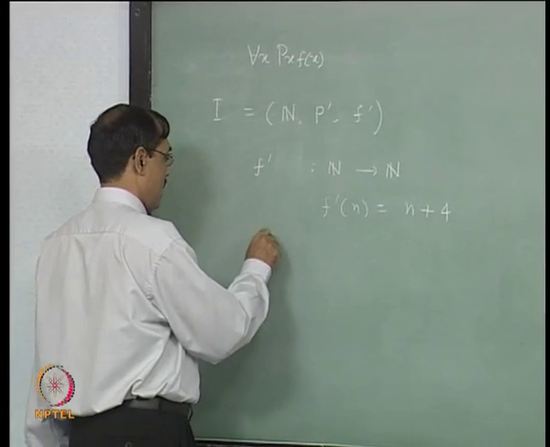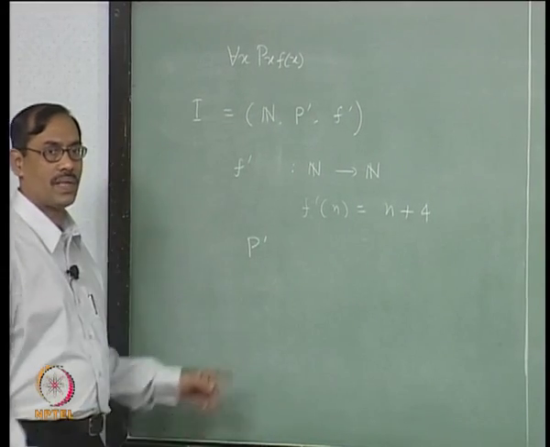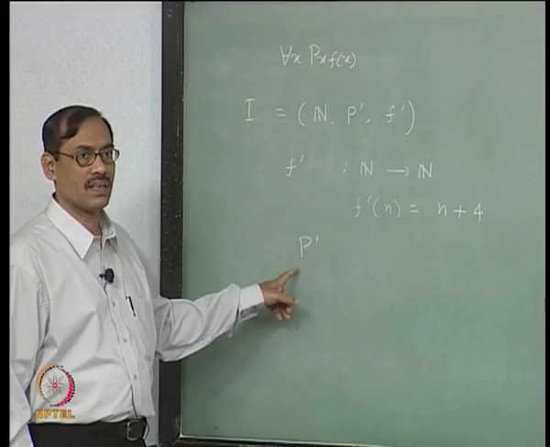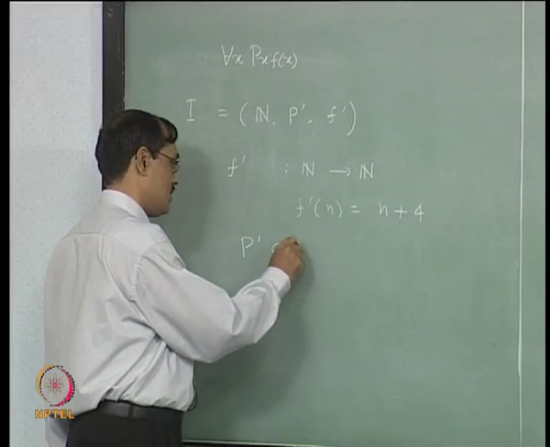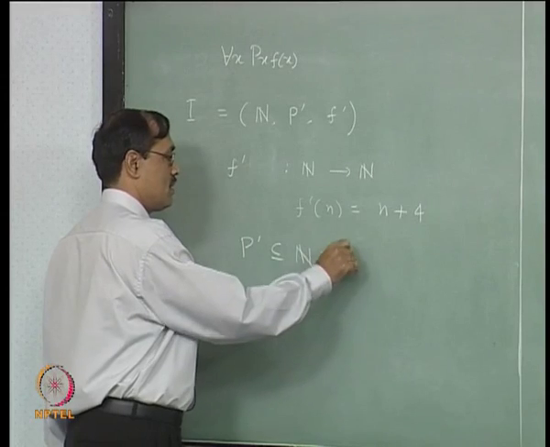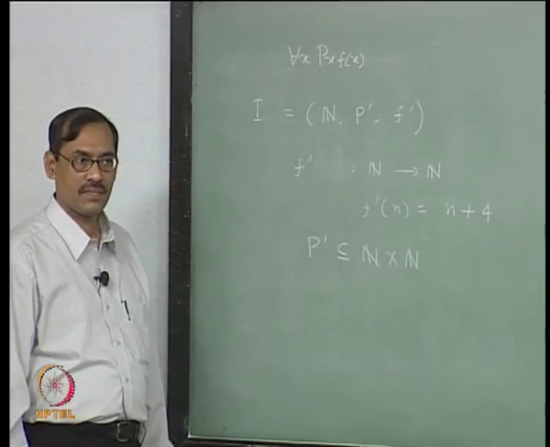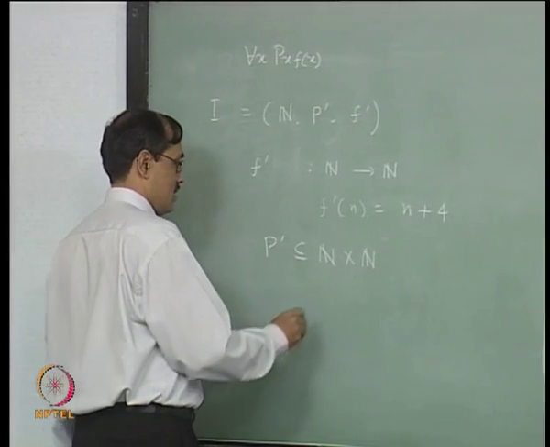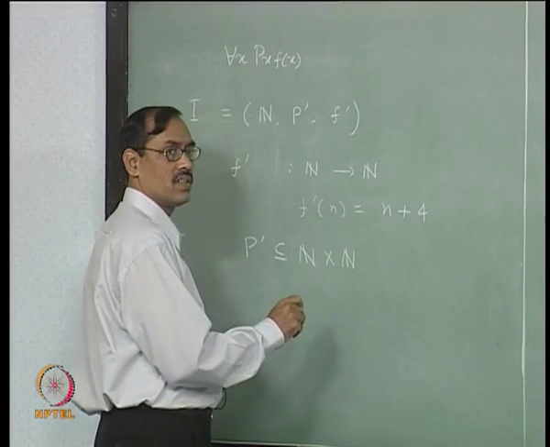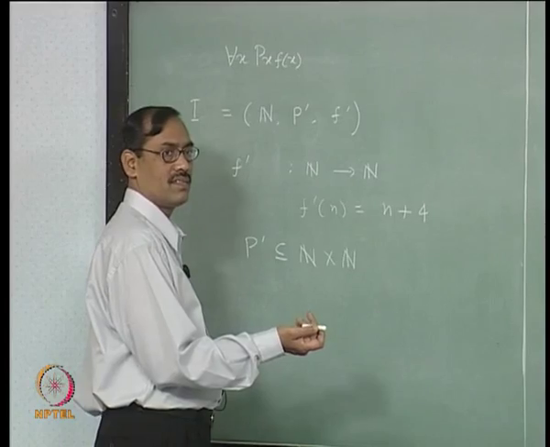And now what is this p prime? P prime has to be a binary relation on the natural numbers, right. So, it is a subset of N cross N, and we have to tell which subset. Fine. So, which one will we take? Let us take, say, p prime as less than or equal to. Okay.